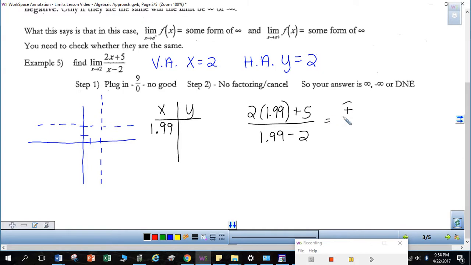So the numerator will end up being positive. 1.99, take away 2. 2 is a little bigger, so it's going to go into the negatives. And a positive divided by a negative is a negative. So that tells us that it's going to be going down on this side. Now we're going to test an x value on the other side, a little bigger than 2, something like 2.01.